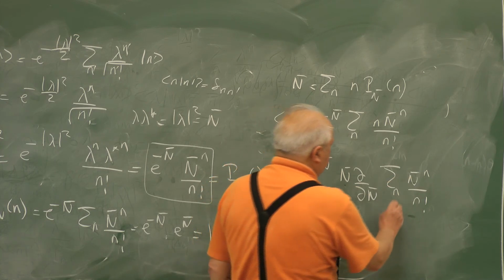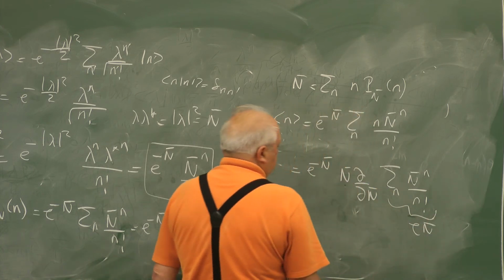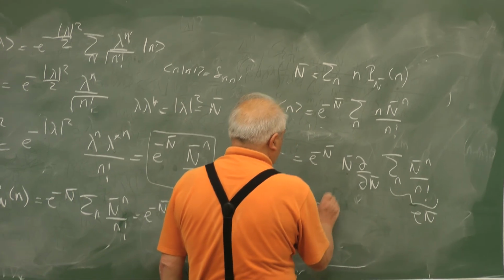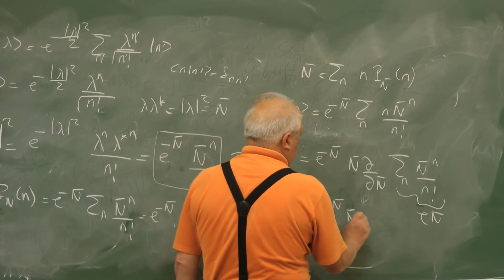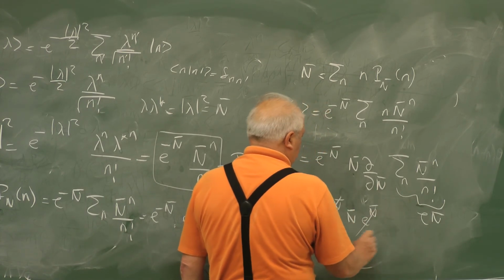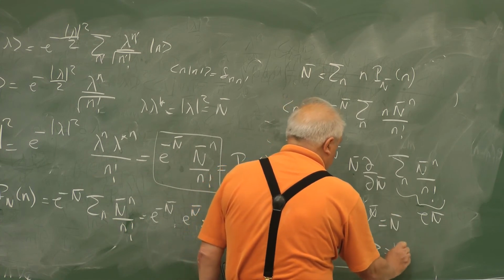So take the derivative, it's e to the n bar again. So it is e to the minus n bar times e to the n bar, which is 1. So the result is n bar.